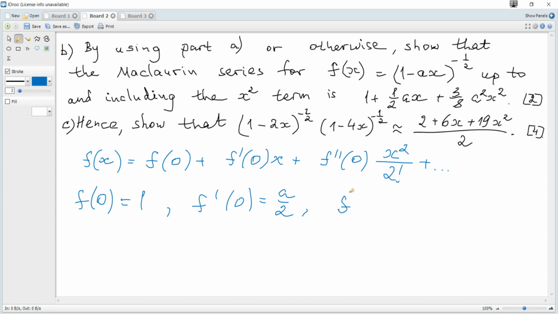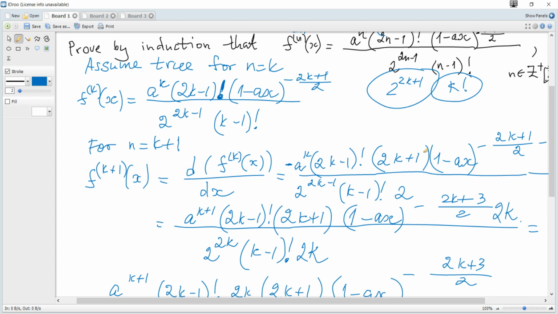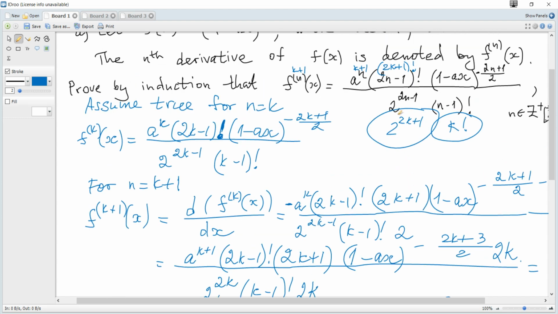the second derivative at 0 becomes, just substituting 2 for n and 0 for x, we can see that we get a squared, 3 factorial, and 1 factorial, and 2 to the power of 3.